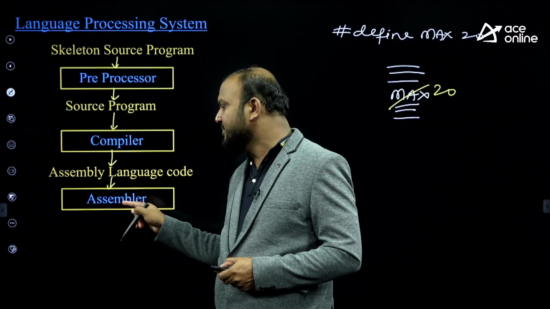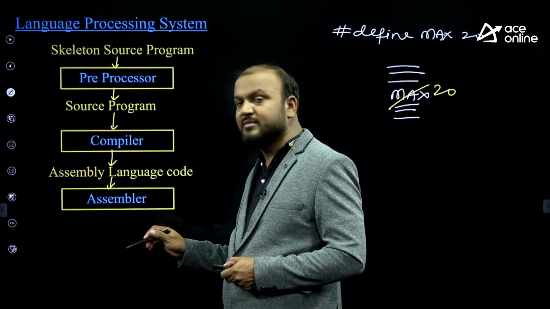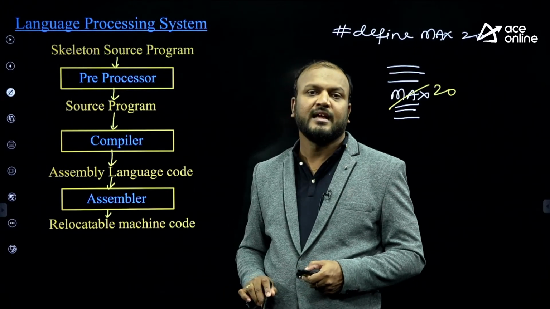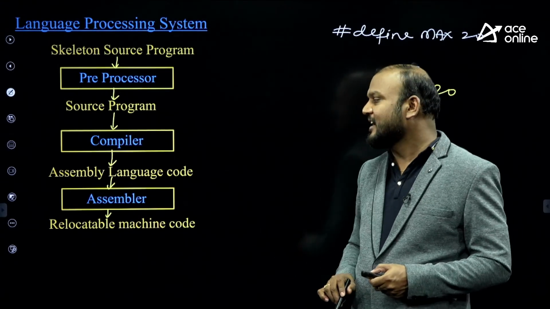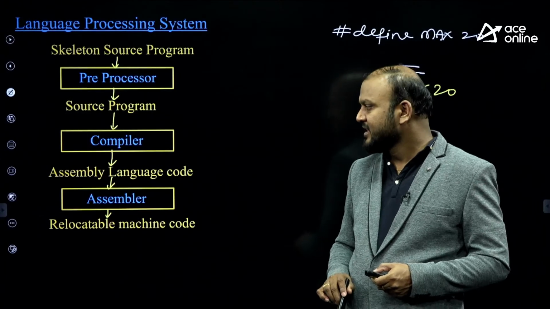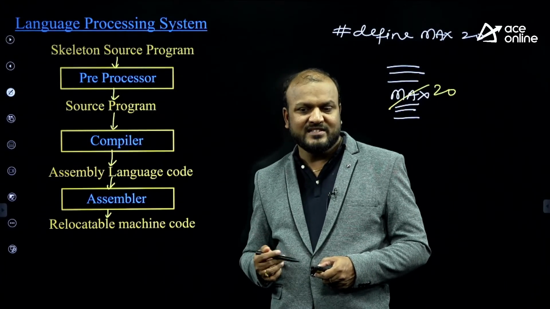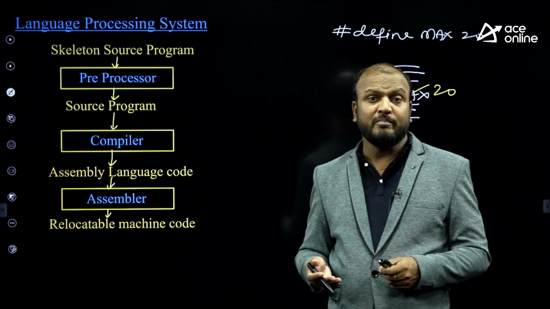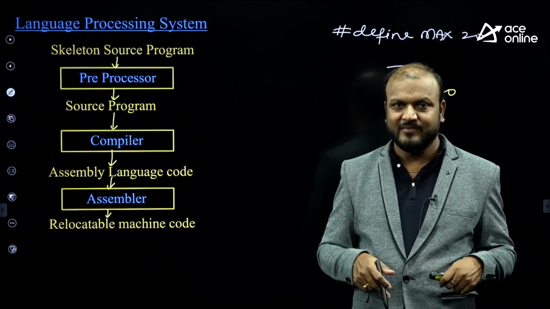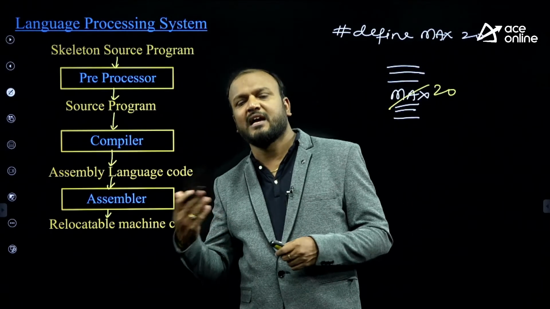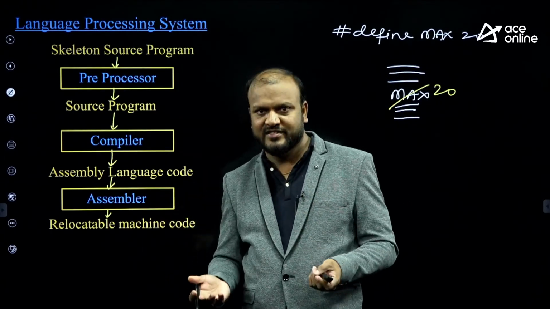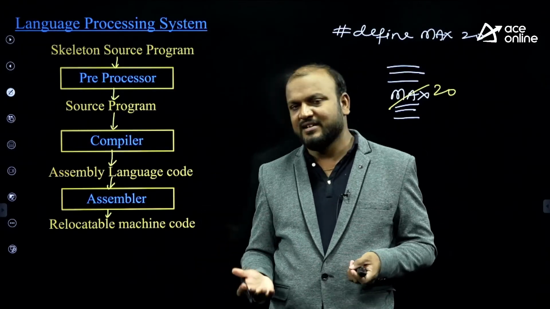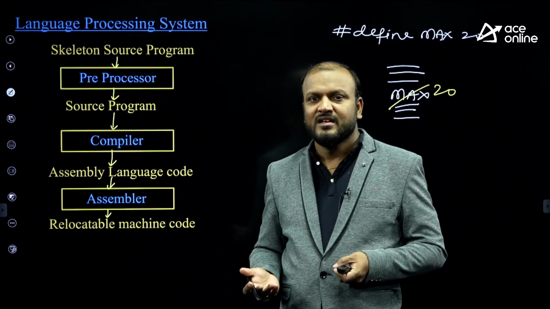That is possible by using assembler. What will the assembler do? Translate this assembly language program into a type of machine code we call relocatable machine code. It is called relocatable machine code, meaning this is available as an executable file, which may not be loaded into main memory immediately, which may be loaded into main memory afterwards, whenever and wherever I require. So it is available in secondary memory, let us say.